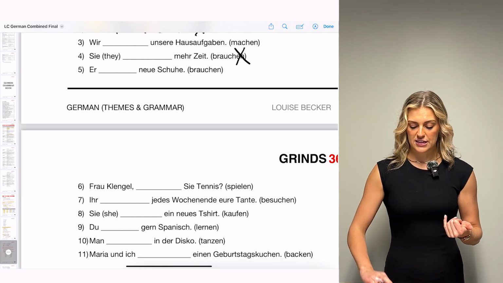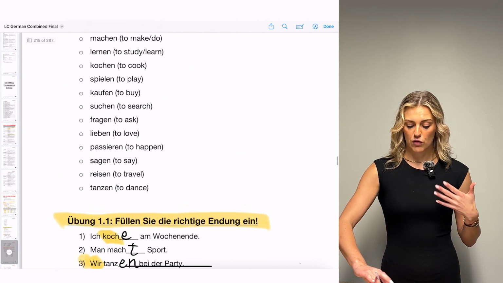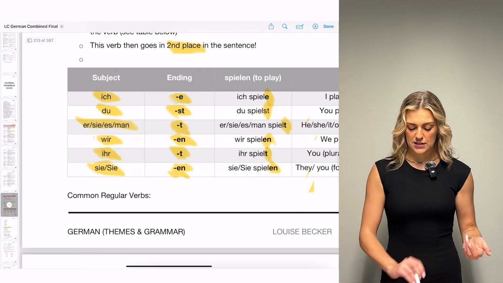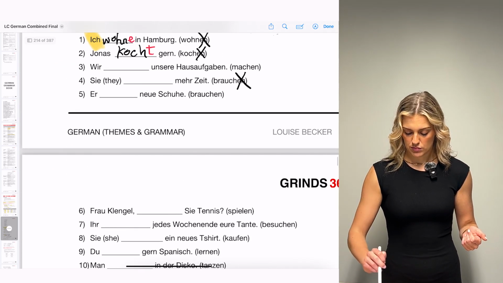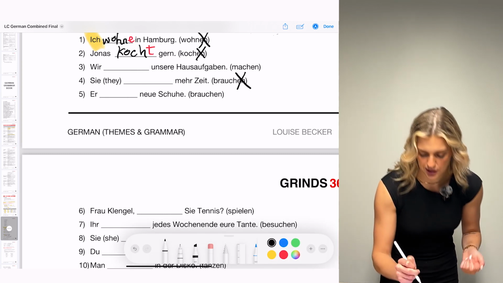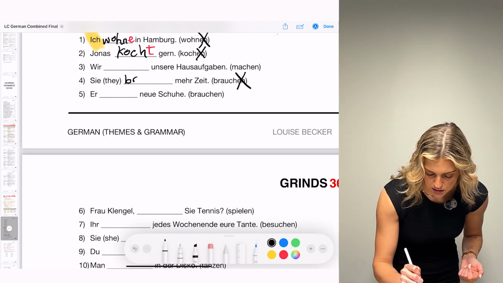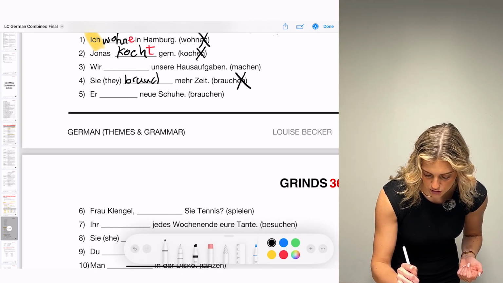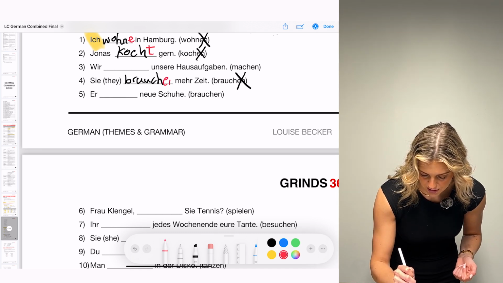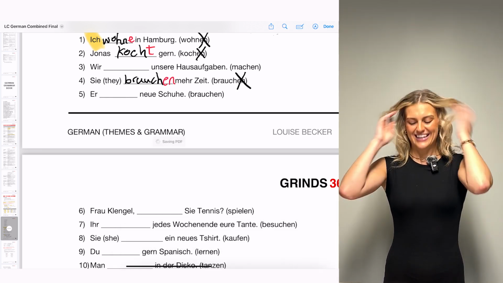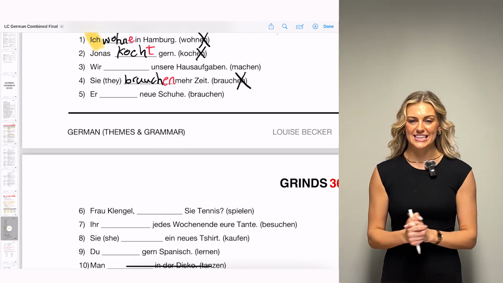What is my ending for sie as in they? We can use our rhyme, or we can go up and check. Sie, my ending is en, okay? So I add on en to brauch, and I'm left with sie brauchen. God, I promise I'll get better now at the writing. I'm getting there. Right, sie brauchen mehr Zeit. They need more time.